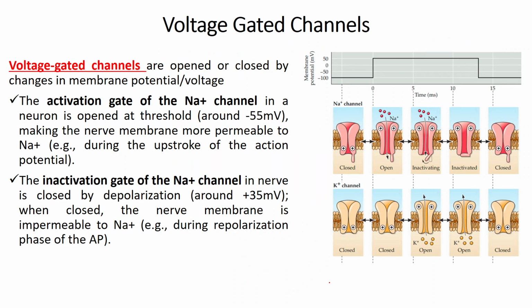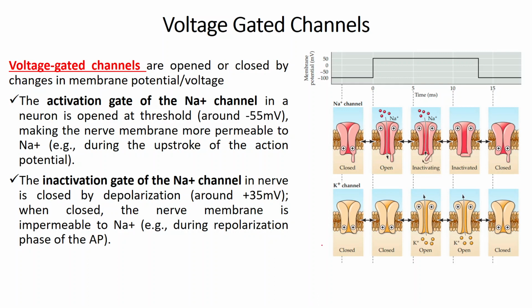What is responsible for the generation of the action potential is the opening of the voltage-gated channels. As we learned, at the axon hillock we have an enrichment of voltage-gated ion channels, like the voltage-gated sodium channels, as well as the voltage-gated potassium channels.